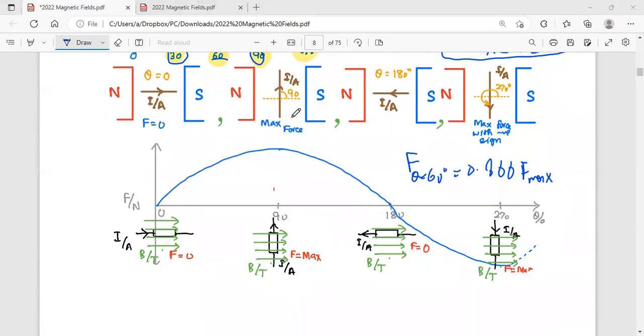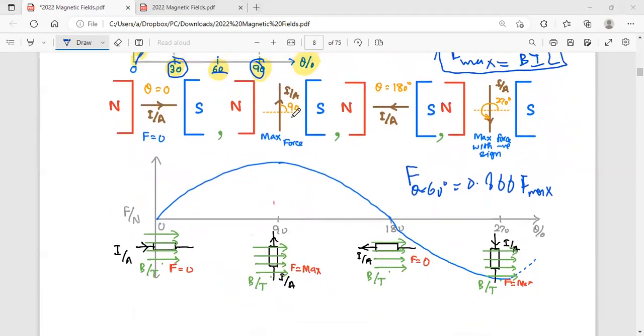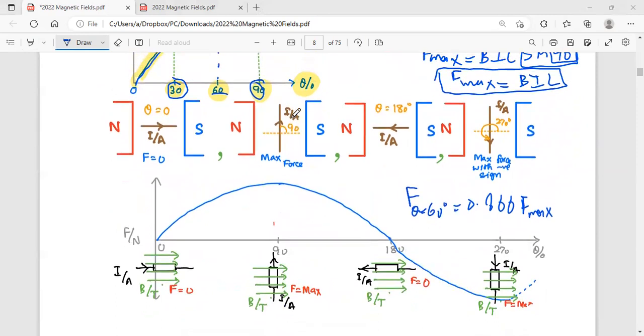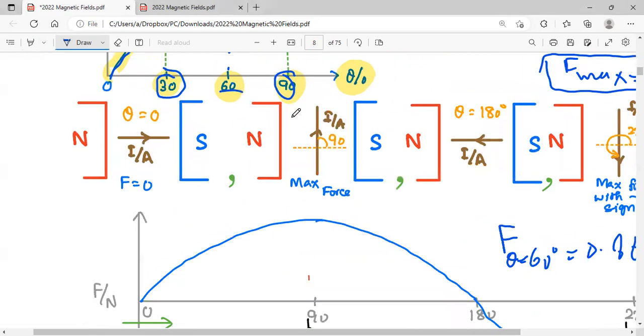Okay, so now let's vary the angle of the wire in the magnetic field. You can look here. This is the first diagram in which the wire is parallel to the magnetic field. You can see that the magnetic field lines are from north to south, and the current is also parallel.